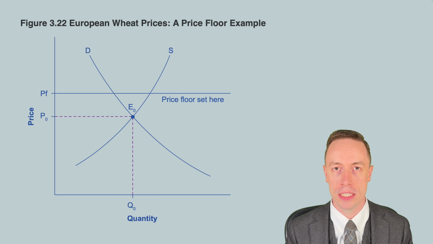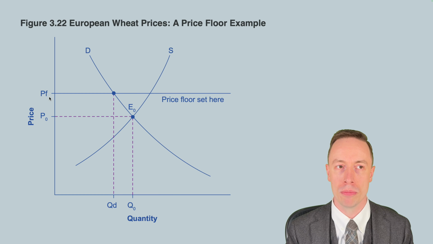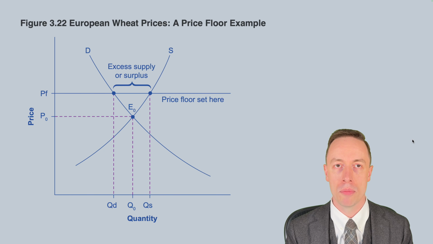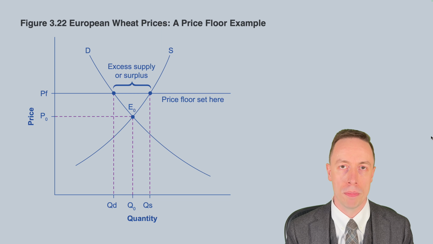We of course find a not-equilibrium situation here. Demand produces a lower quantity demanded than the equilibrium quantity at that price floor, while quantity supplied is higher. This mismatch, this imbalance, is this time referred to as a surplus or excess supply.